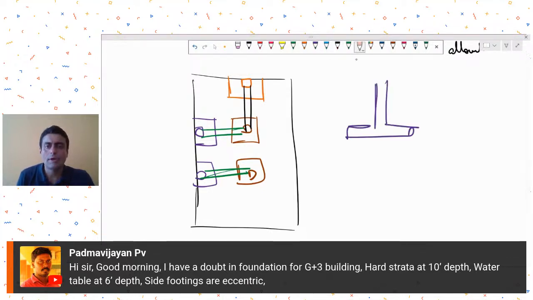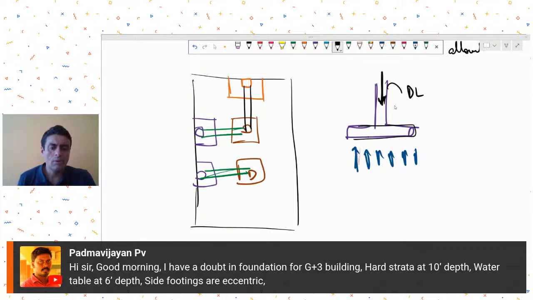Whatever water pressure buoyancy force is acting on this small area of isolated footing, that will get easily counterbalanced just by the dead load acting on this column, right? So as such, you do not need to be worried about the water table in case of isolated footings.